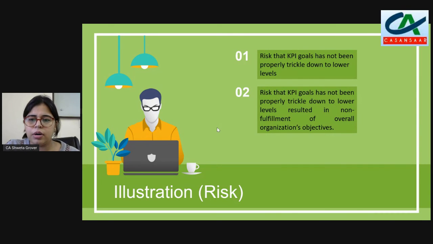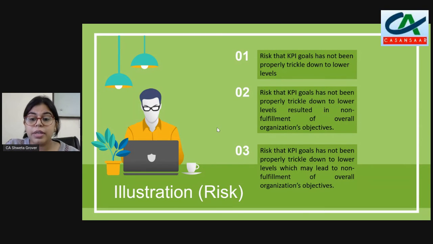Yes, of course, अगर हमारे goals ही properly trickle down नहीं होंगे lower levels तक, तो हमारे जो organization's objective हैं, जिसके बेस पे हमने KPI goals बनाए हैं, वो कभी accomplish हो ही नहीं पाएंगे. So that was the impact कि हम उसको fulfill नहीं कर पाएंगे. So probability and impact we have captured, but again still there is something which is missing in this language.